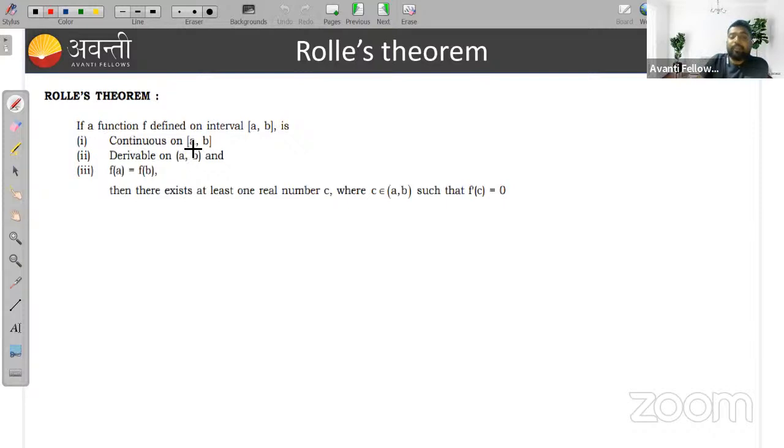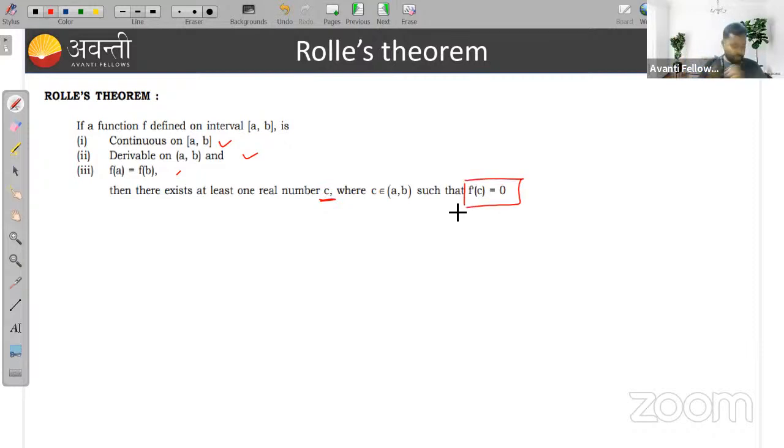Rolle's theorem says if a function f is defined in the closed interval ab, and it is also continuous in the closed interval ab, and it is also derivable on the open interval ab, and the values of the function are equal at the end points of the interval, that is f of a equals f of b, then there exists at least one real number c which belongs to the open interval ab such that f dash of c is equal to 0.